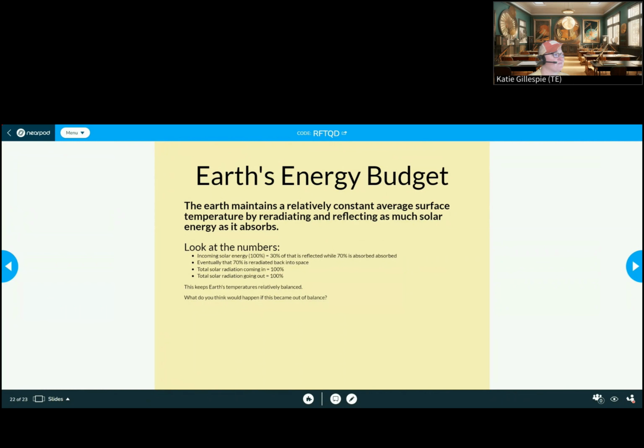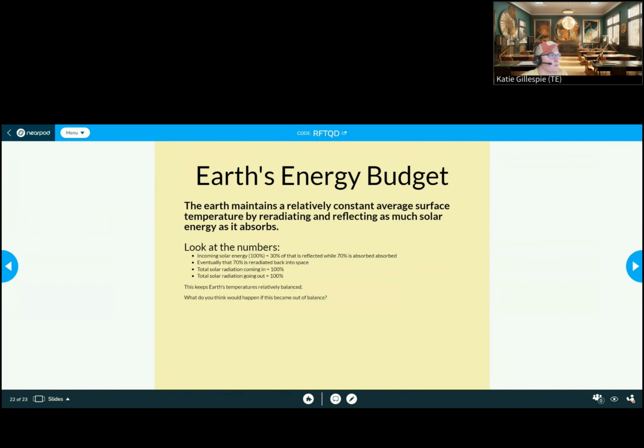If there were great tectonic shifts and volcanic activity increased and carbon dioxide increased, and Earth started holding in more, could that change? Yes, it all could. Absolutely. We've talked about with the GTS, and we've talked about with early Earth's atmosphere how those changes have happened. But on a large scale, Earth maintains a relatively consistent average surface temperature by giving back what it takes in.